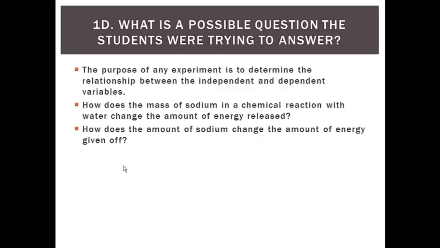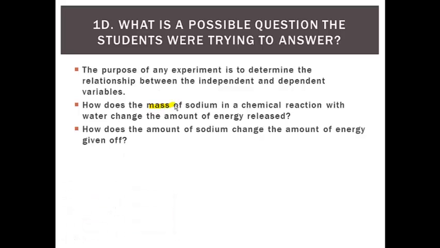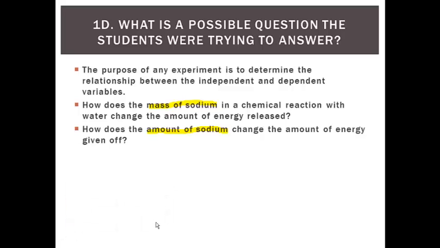So the first question that I have, how does the mass of sodium in a chemical reaction with water change the amount of energy released? And then I have, how does the amount of sodium change the amount of energy given off? So in yellow, I have my independent variable, and in green, I have my dependent variable. So both questions just have to include the independent and dependent variables.